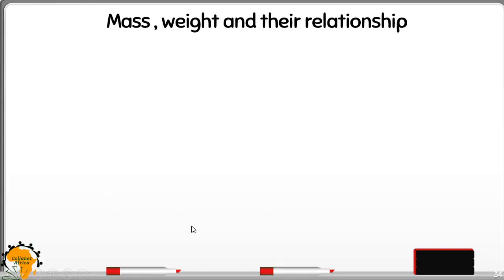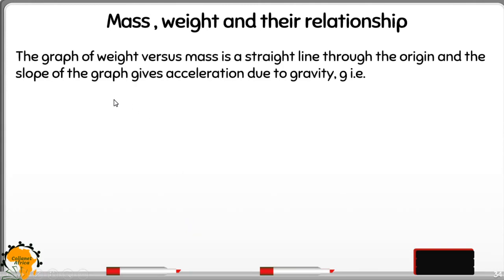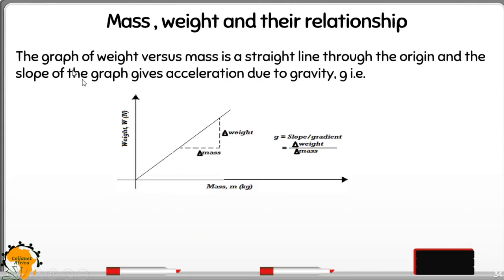So with that formula, we can be able to have a graph. When you plot a graph of weight against mass, that is, on the y-axis you have weight and on the x-axis you have mass, this graph is a straight line and it is passing through the origin.